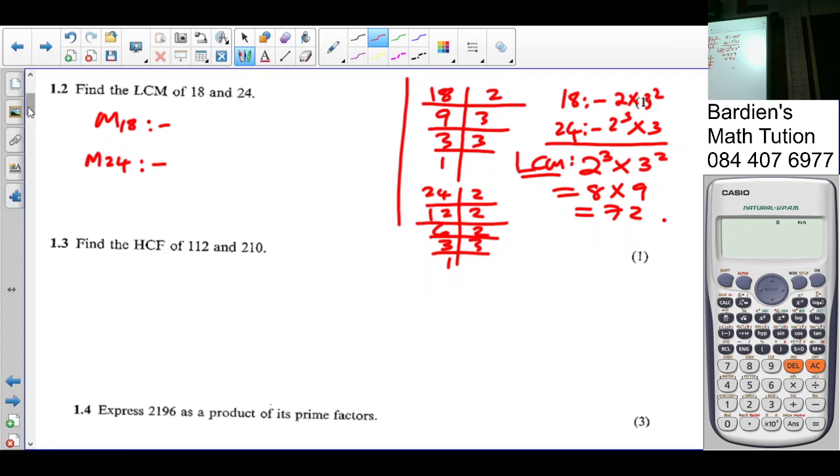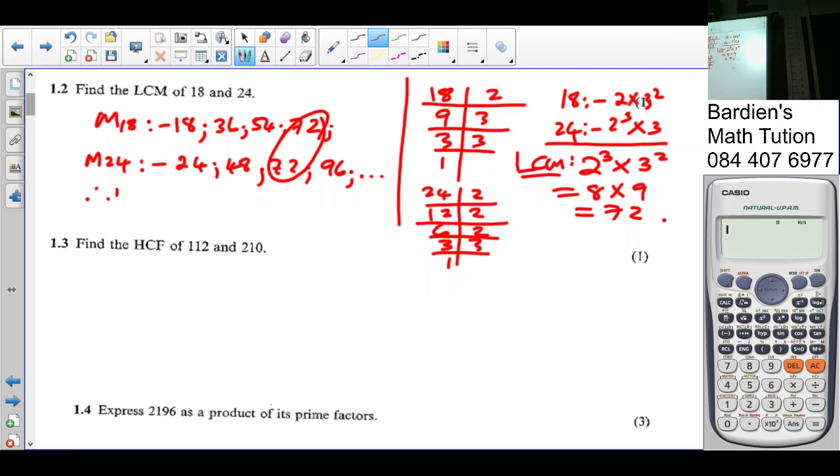Otherwise, the multiples of 24 are 24, 48, 72, plus another 24 is 96, and so on. For 18 it is 18, 36, 54, 72, and yes, there we go, there's our overlap.